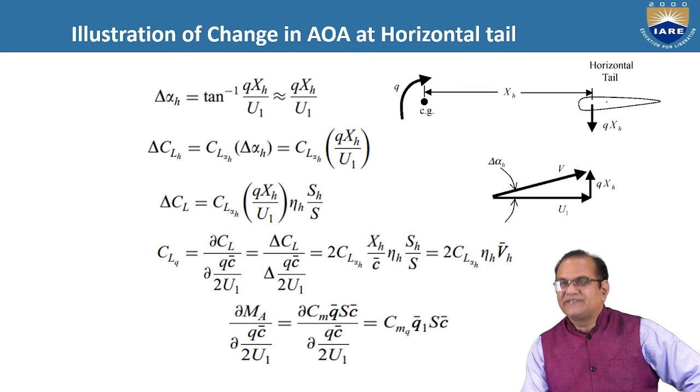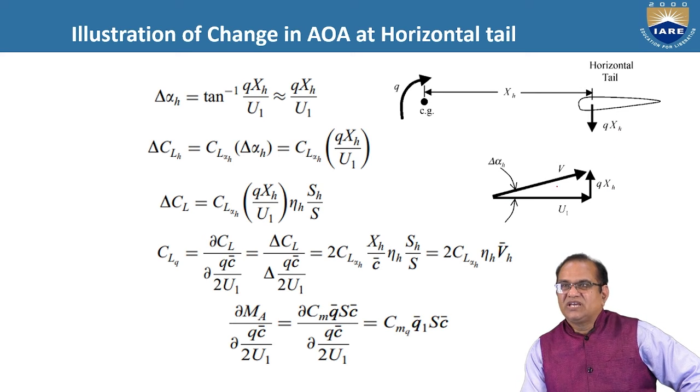You can see here that if this is the horizontal tail, it is going down with QXH, and this is the velocity U1.